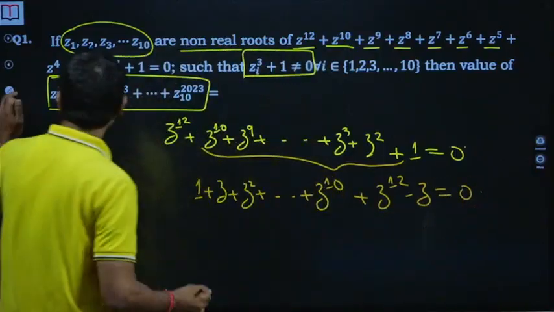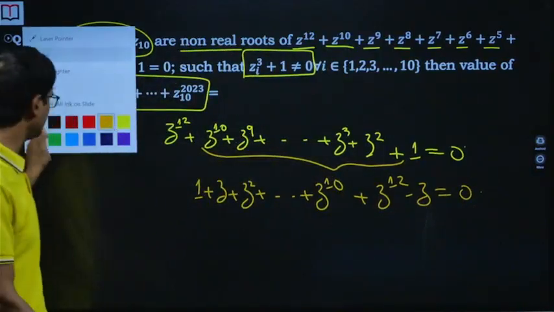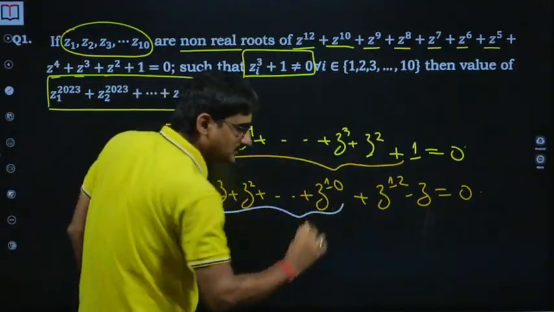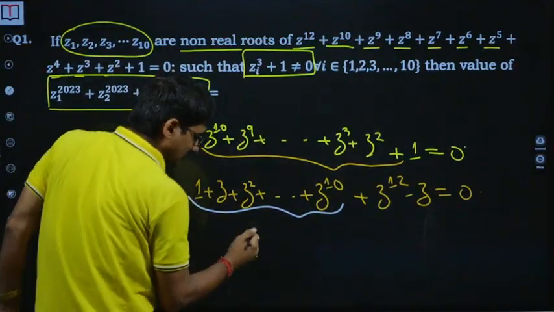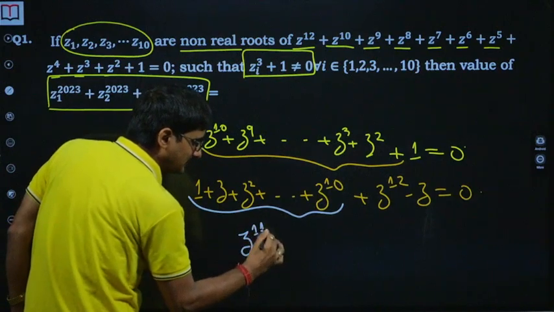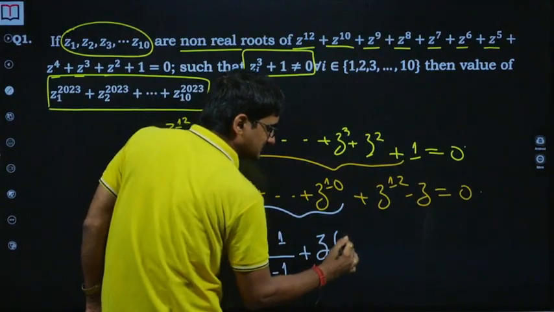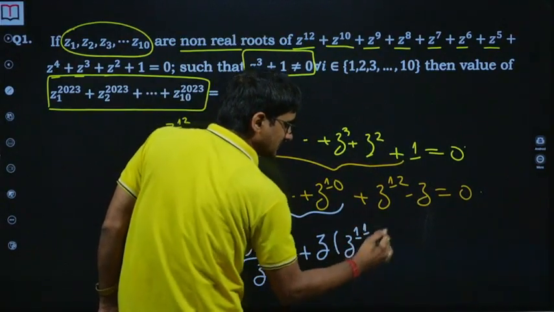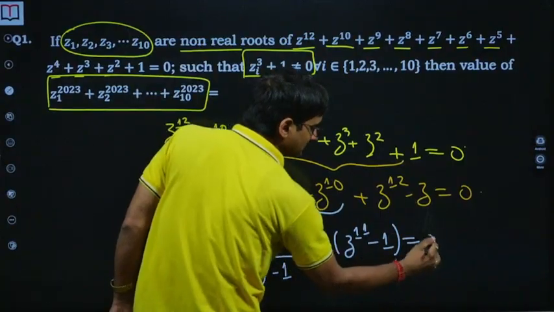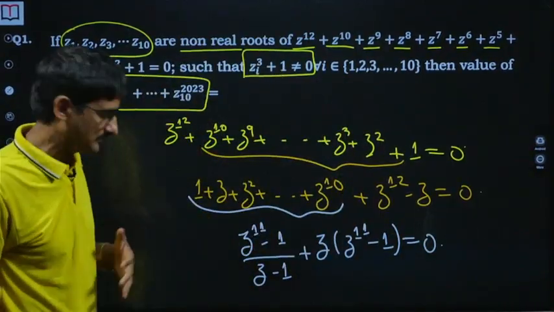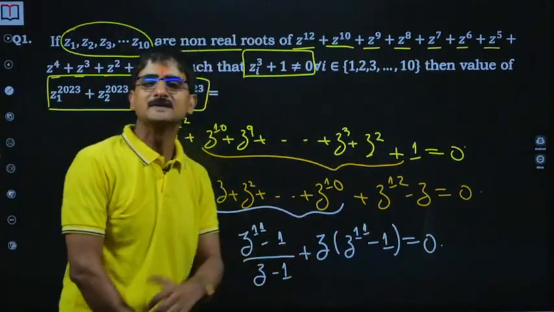Now, as all of you can see, this is a perfect GP, whose sum you can write as (z^11 - 1)/(z - 1). Interestingly, if you take z common from these two terms, we get this. According to me, that is the key step in this question.